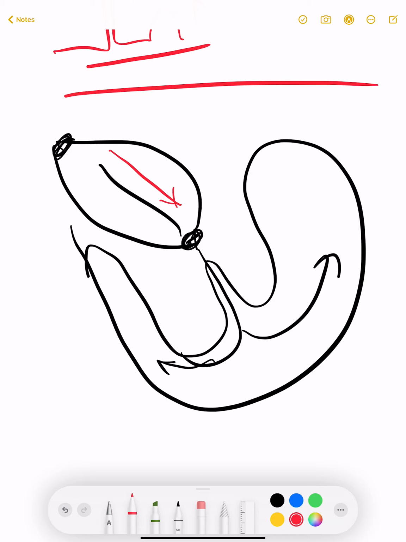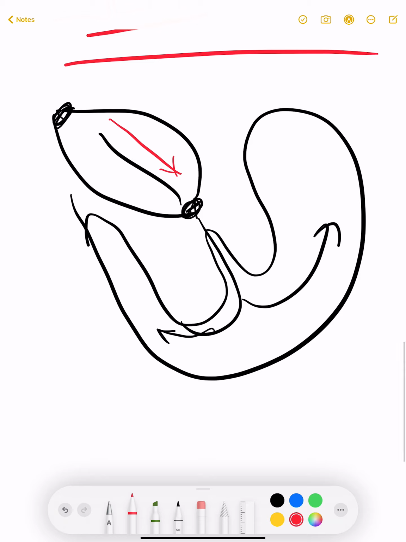Okay. The septum is depolarized from left to right. So the left part of the septum is depolarized earlier, and the right part of the septum is depolarized later. So the septum will be depolarized like this.